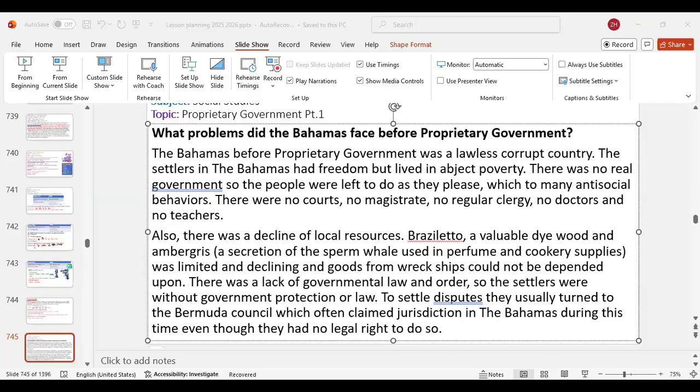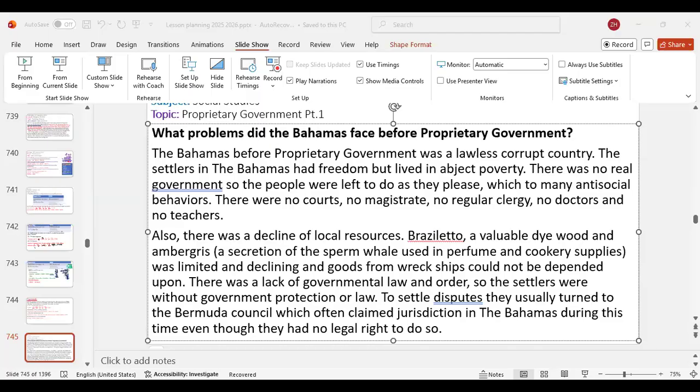All right. What is the name of the secretion from the whale? Not the secretion, no. Ambergris. Very good. What is the name of the valuable dyewood? Brazilwood.